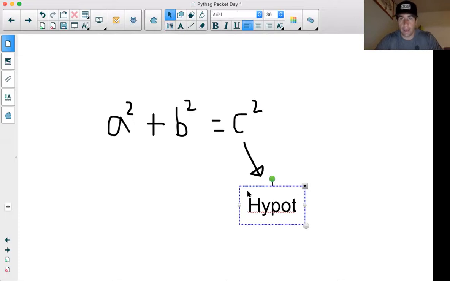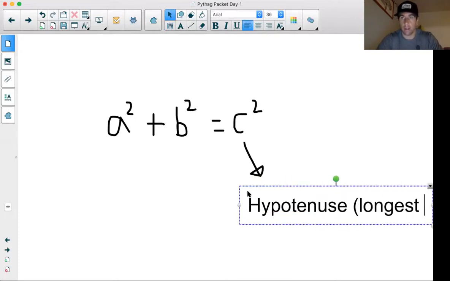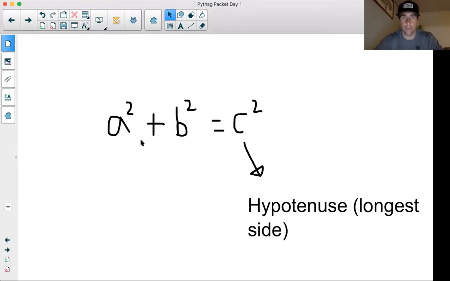The hypotenuse, which is the longest side. Bam. And A and B are the two smaller sides, kind of interchangeable there, okay? So A and B are the smaller sides, and C squared is always the hypotenuse, which is the longest side. So you just plug in your numbers here, and if one side equals the next, it is a right triangle. Or if they give you a missing side and they want you to find that side, you plug in what you know, A, B, or C, and then solve for whichever missing letter you might have.